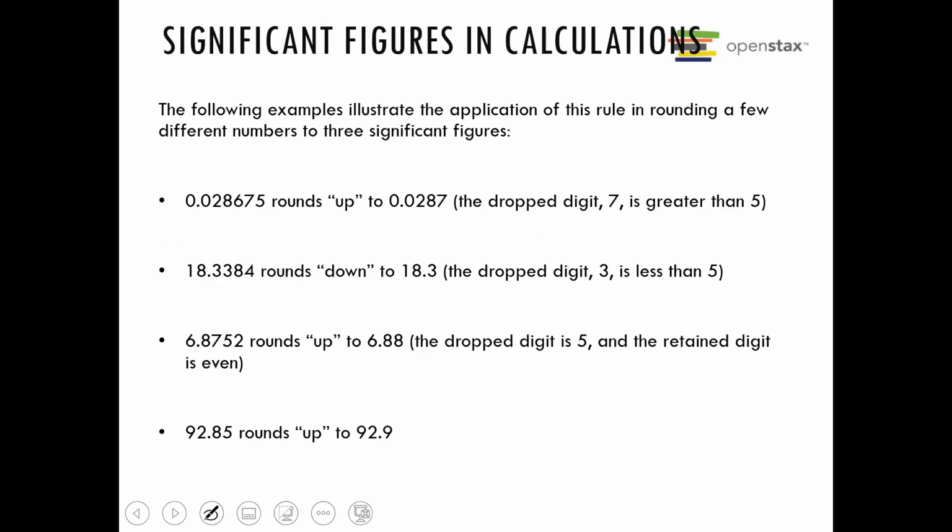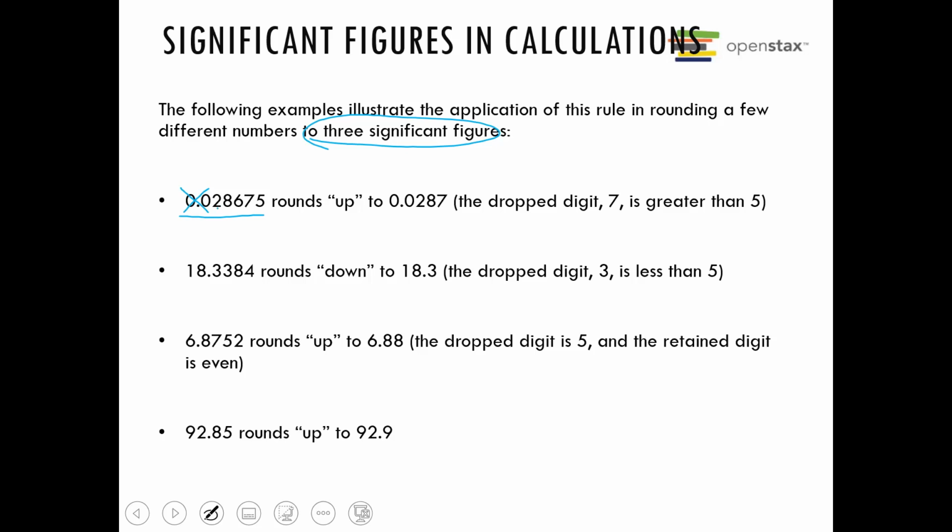Now, what if I said we needed to round to get to 3 significant figures? So if your calculator gives you an answer of 0.028675, and I only needed 3 significant figures, well, we know that these leading zeros do not count towards being significant figures.